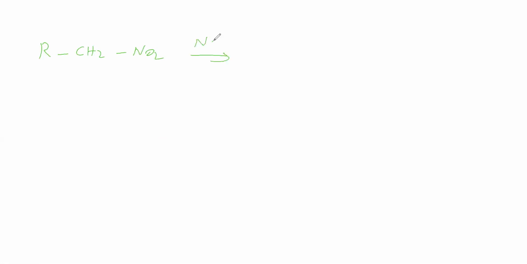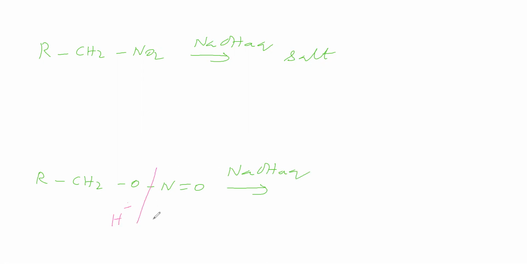To this we will add aqueous sodium hydroxide. What we will get is a salt. Now we will take a nitrite, RCH2ONO. This is taken for hydrolysis in the presence of aqueous sodium hydroxide. So here what we will get, we will see. In this case, this bond is breaking, here H+ and here OH-.